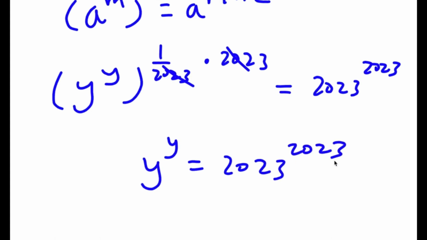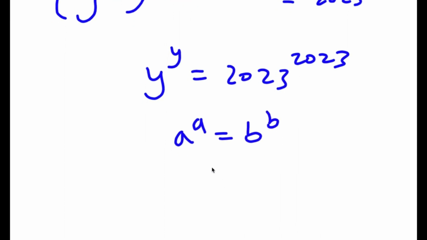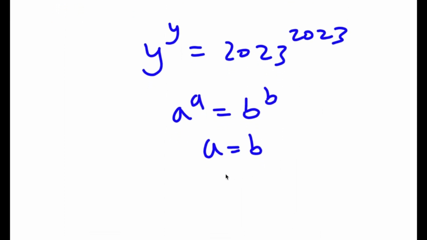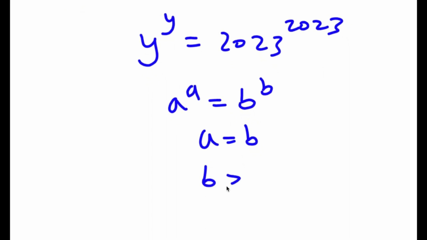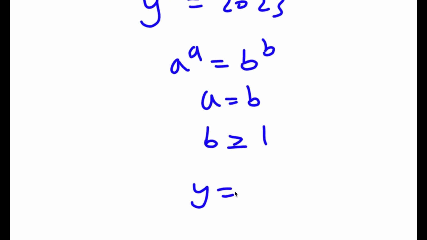Now if I have something in the form a to the power of a is equal to b to the power of b, then this means that a is equal to b as long as b is greater than or equal to 1, which in this case, b is 2023, which is greater than or equal to 1, meaning y is equal to 2023.